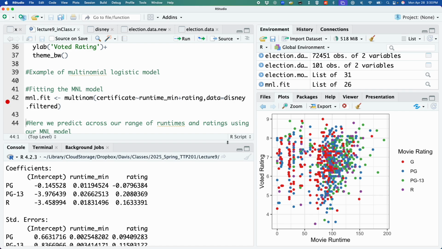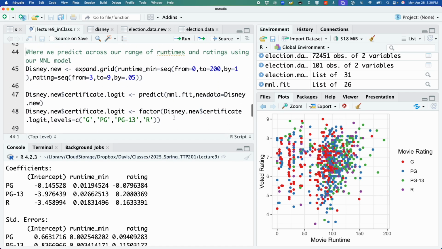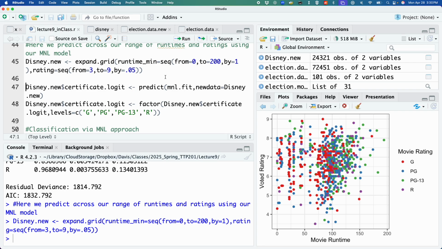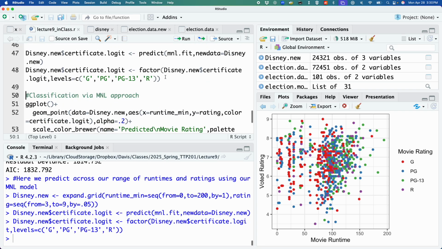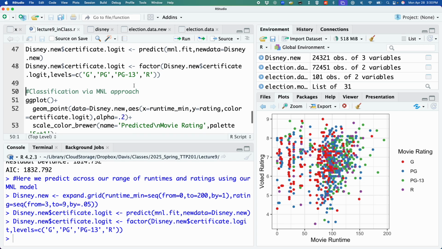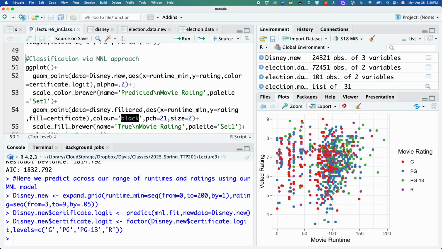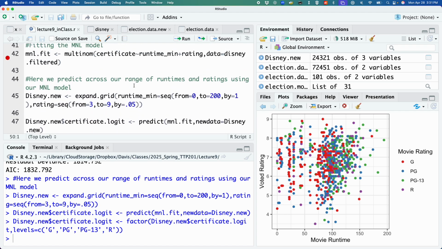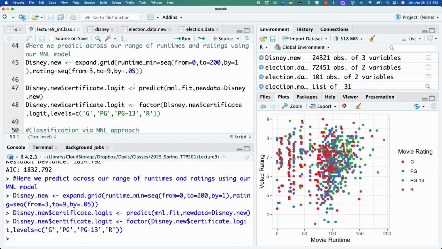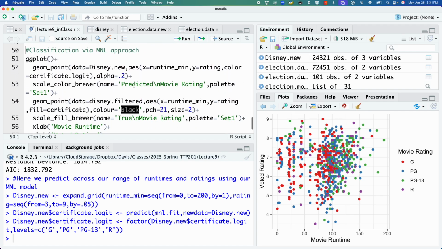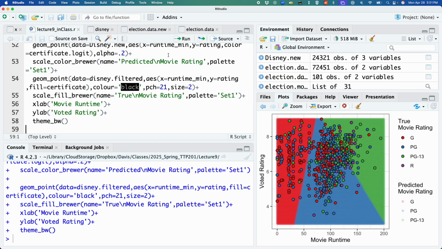But if we go to our probability space, we can actually do something like this. Oh no, are these not scaled? I think I made a mistake.